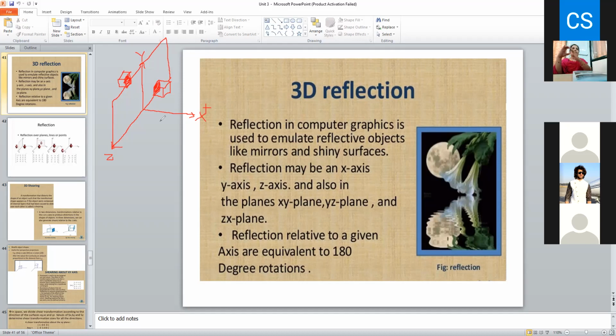So the face over here will be present on this side after reflection. That means the face which is near the mirror will still remain near the mirror on the opposite side. The face that was next to the mirror will still remain near the mirror, but on the opposite side. The face that was at the back side will remain at the back side after reflection also. Understood?